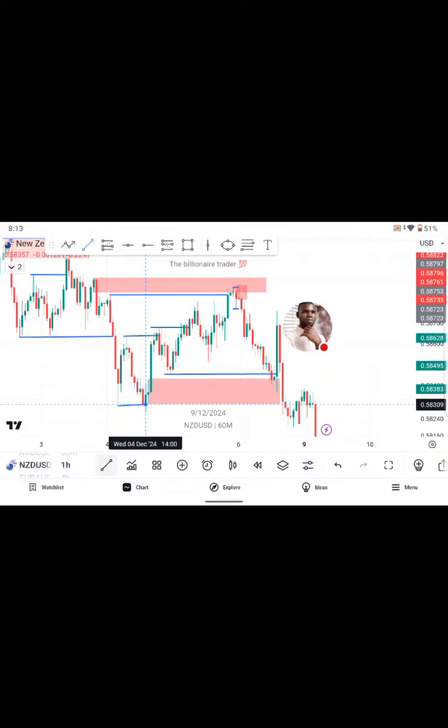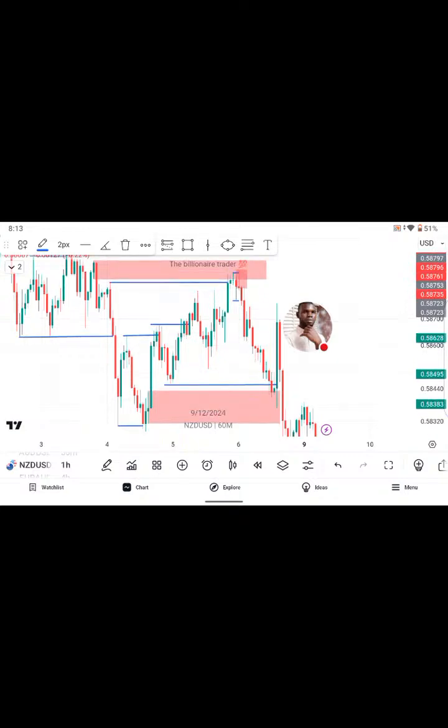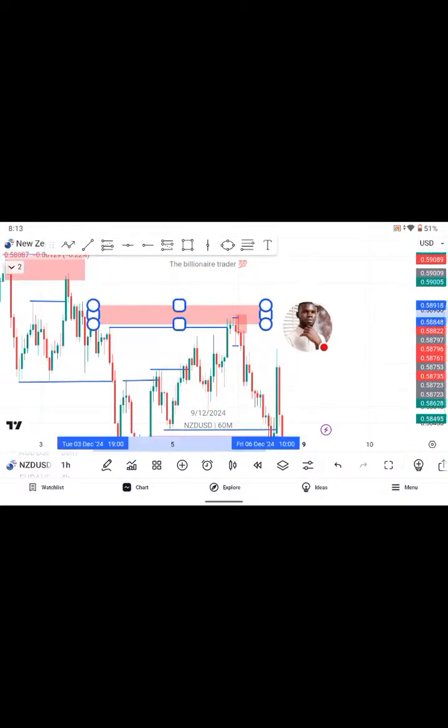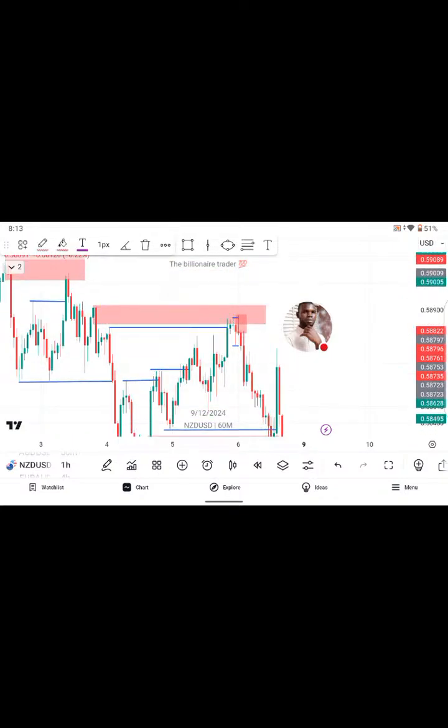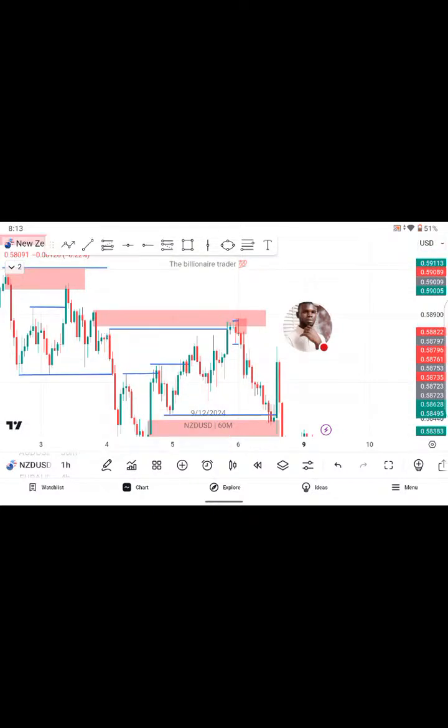Another BOS. And this the FUG. So between this high and this PY, there is an FUG. I know this high will be taken out, and the FUG will be filled and mitigate that zone. So after that, you can see price rally down.